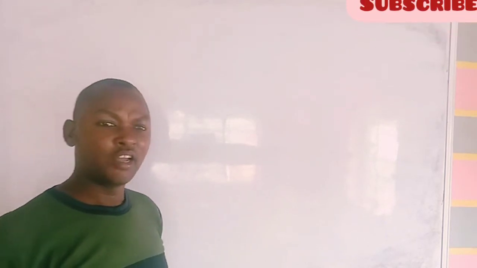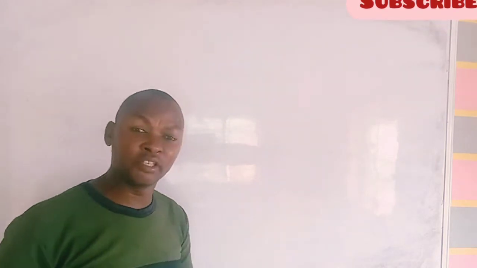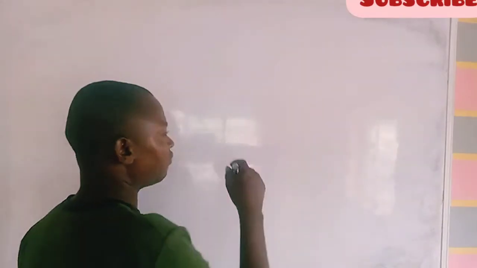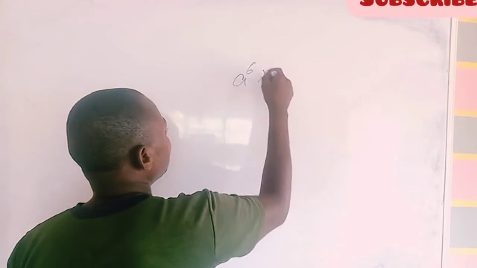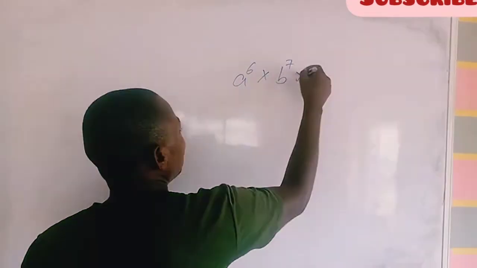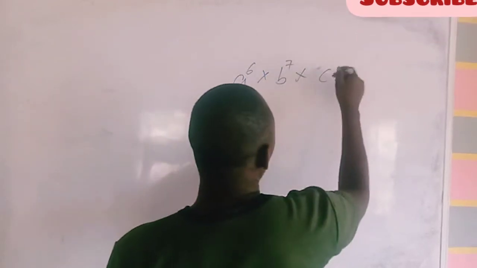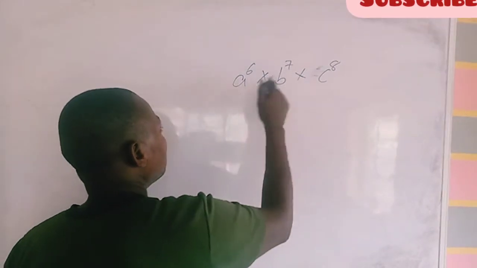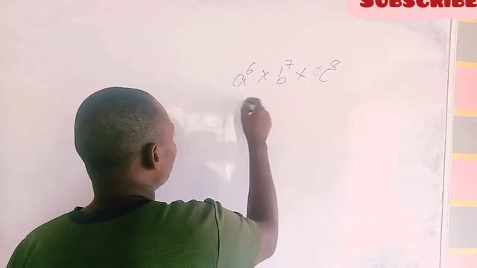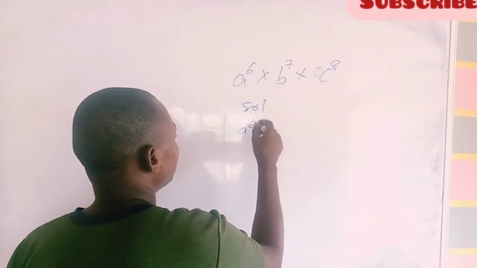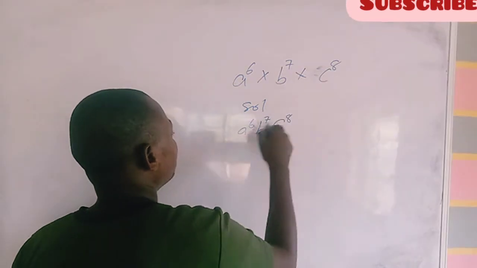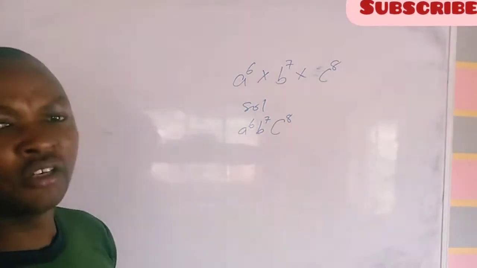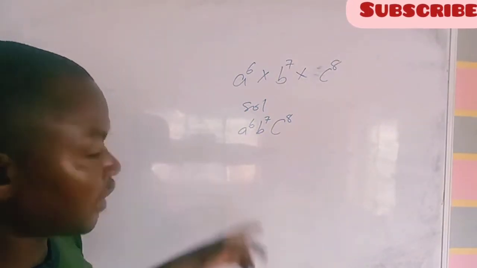For example, if I have A raised to power 6 times B raised to power 7 times C raised to power 8, in this kind of situation we don't need to add the power because the bases are different. So the solution is A^6 B^7 C^8. This shows that there's multiplication in between them. So that is the answer to the question.